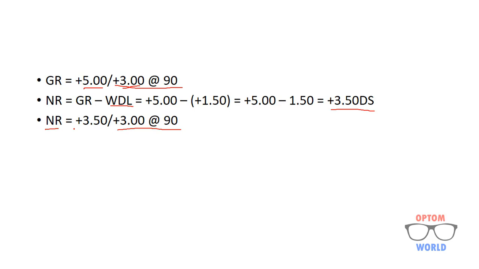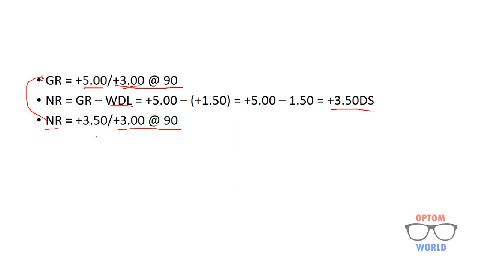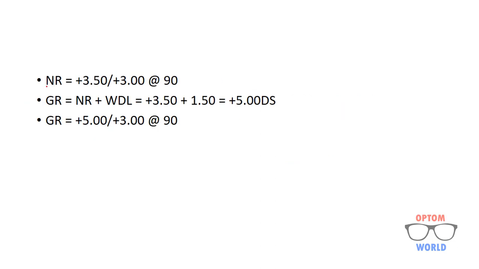Now we will take this net retinoscopic value and again we will convert it into gross retinoscopic value. This will be the optical cross for this prescription. To convert net retinoscopic value into gross retinoscopic value, again the formula is same, NR plus working distance lens.